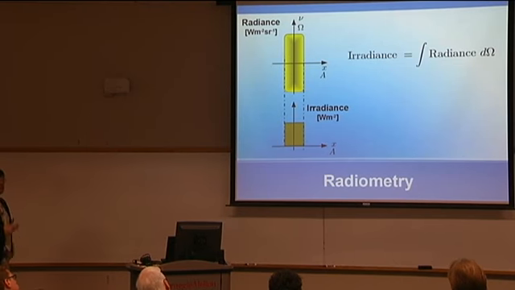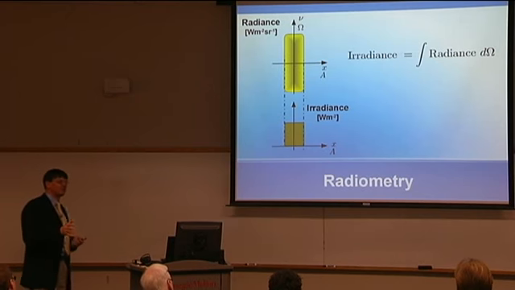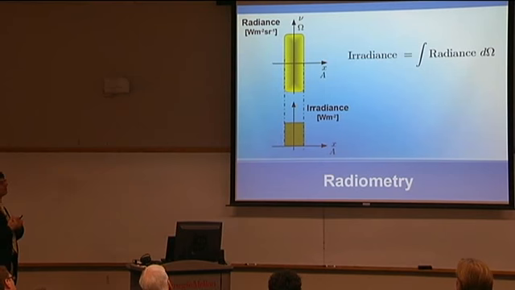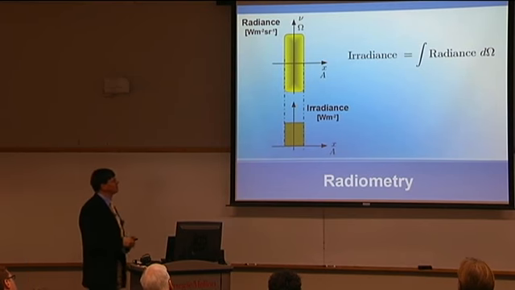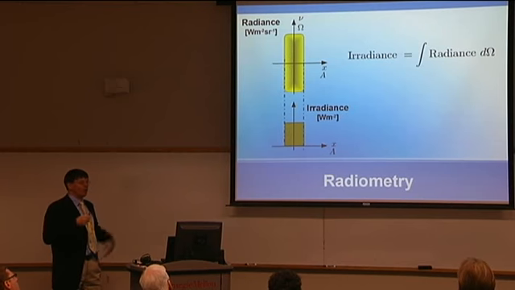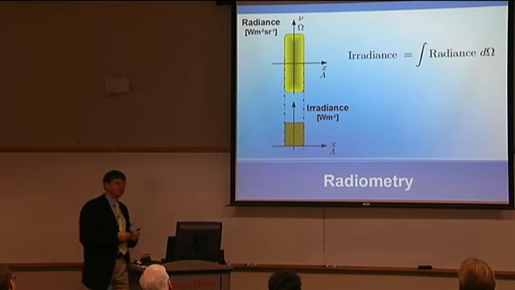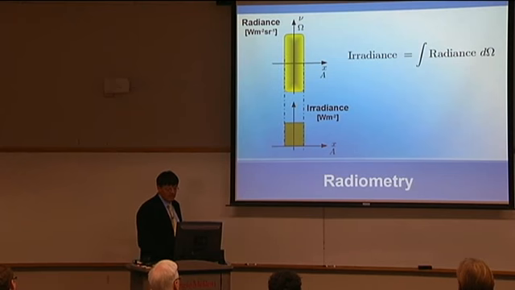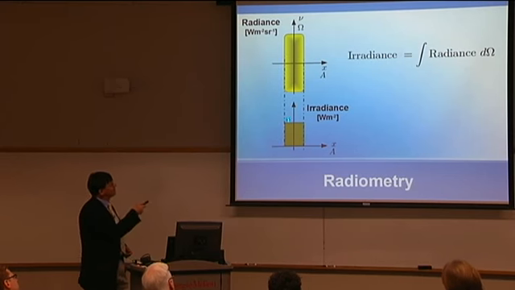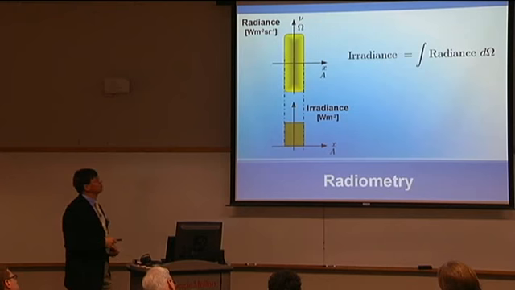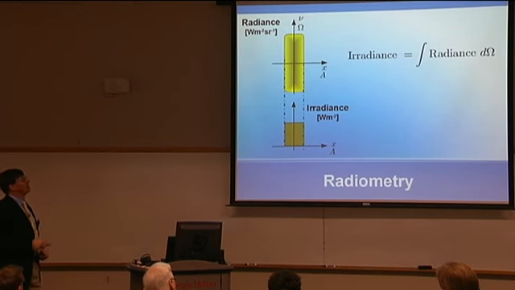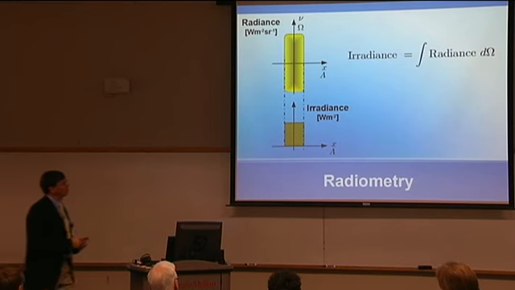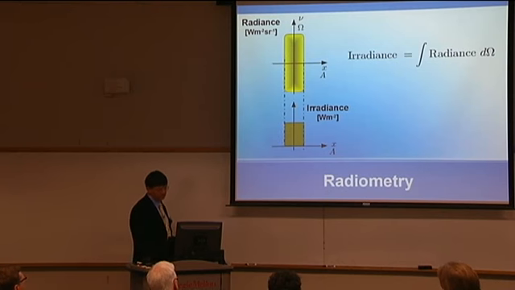And yes, radiometry makes a difference whether we have a receiving surface or a source that emits the radiation, but I think this is really where all these things come together and start to make sense. And we have to understand that the irradiance is usually what we capture with a detector. So we measure irradiance.